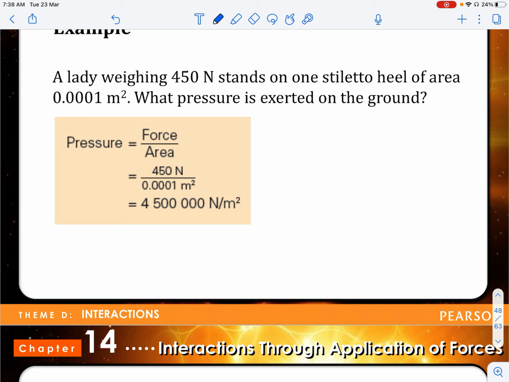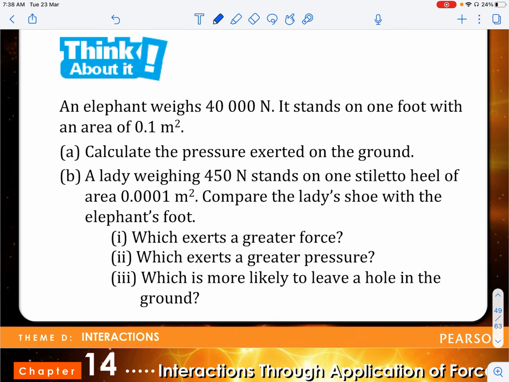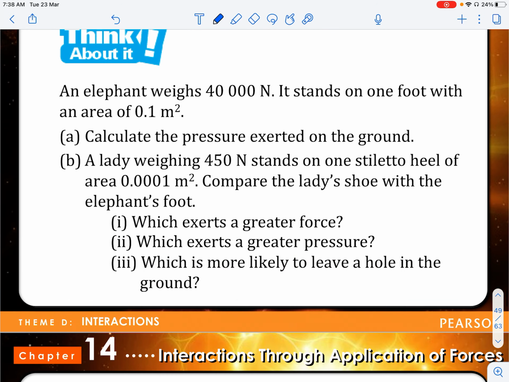Okay, this is an example of how you can go about calculating. This one is quite straightforward. You can pause the video to try this question again. Okay, so in order to calculate pressure exerted onto the ground, you can take 40,000 over 0.1 meter. This would be the pressure.